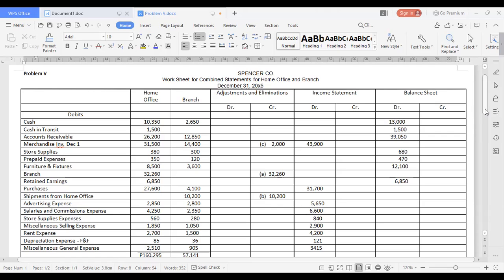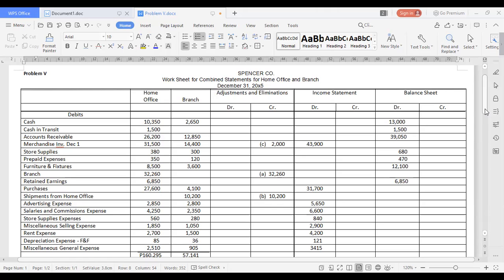Then we have advertising expense. We just copy from the book. Salaries and commission expense. Store supplies expense because of your adjusting entry. So 560 and 280. Miscellaneous selling expense, just copy from the book. There are no adjustments to that. The same with rent expense.